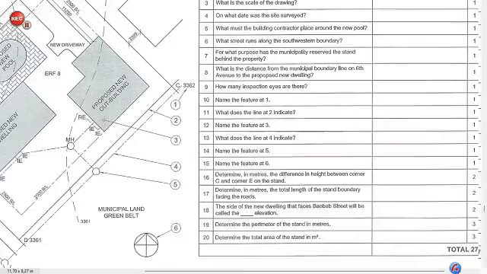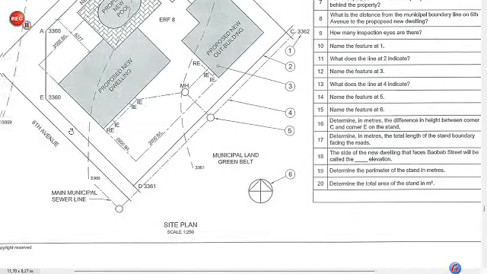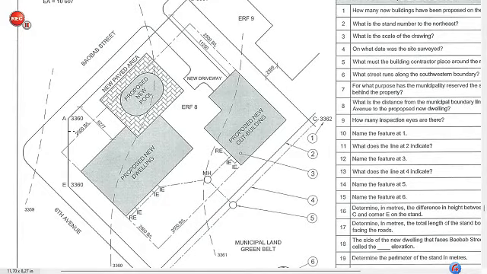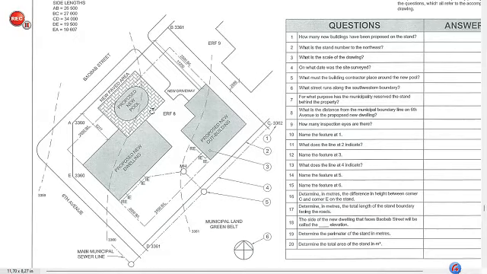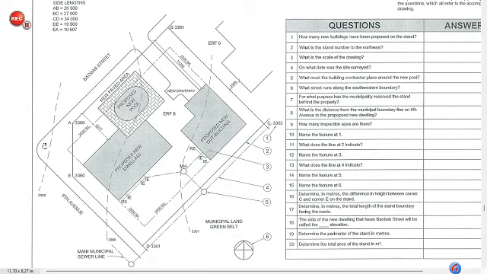117,607. And the last question, number 20, determine the total area of the stand in meters. So what you need to look at is the shape of the stand. Just to give you an analysis of what we are going to do in terms of working out the entire area of the stand, you know that there is a corner that has been cut off, so we're going to fill that corner first.